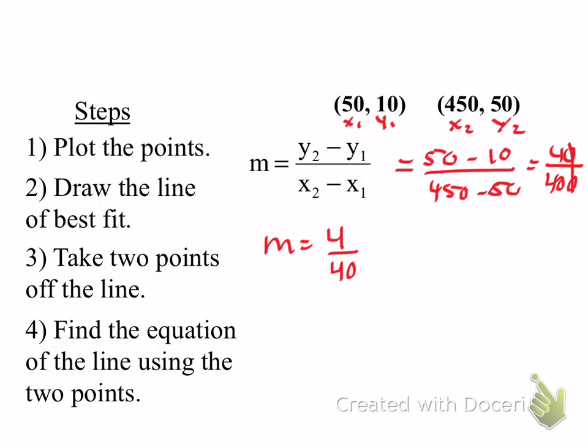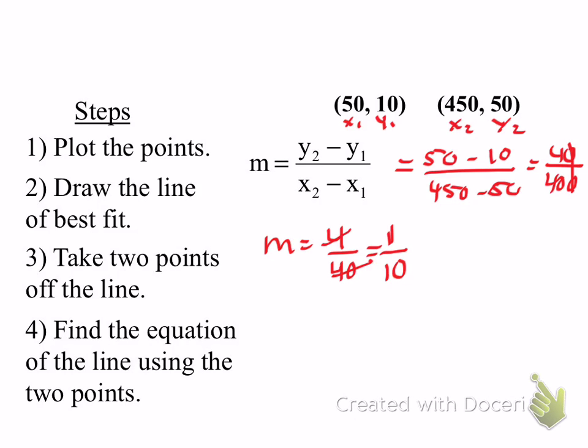What number divides into both? 4. It's very little math, mental math. 4 goes into 4 one time, and 4 goes into 40 ten times. So what is my answer? 1/10. Now, convert that to a decimal.